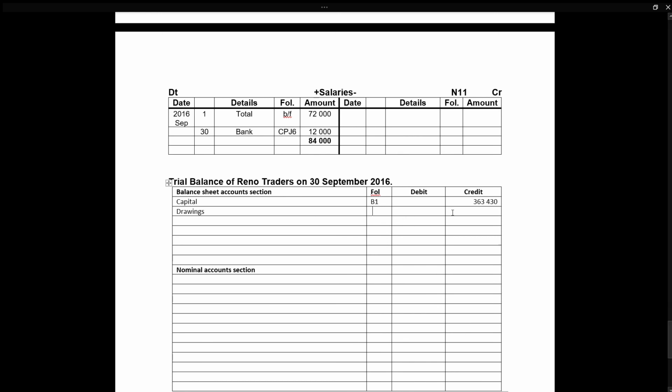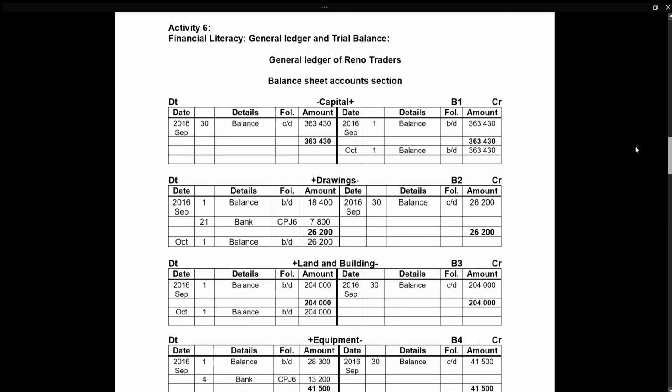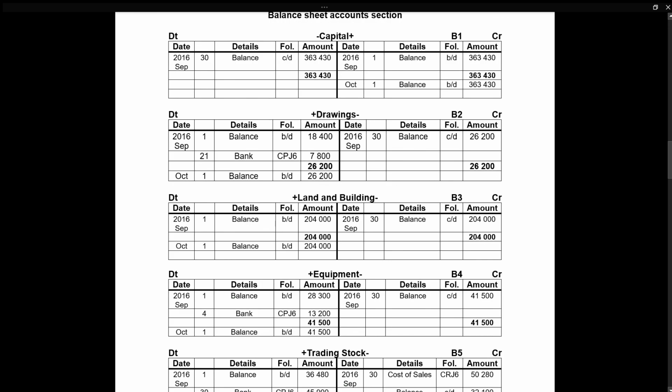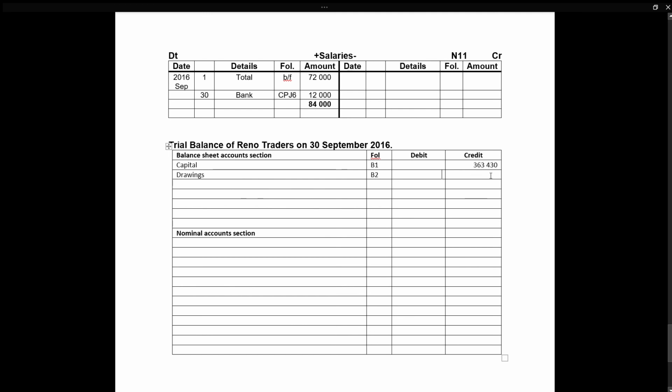Right, next one will be drawings. Drawings was B2. And drawings will have a debit balance. Remember, by definition, it will be debit side of 26,200 Rand. Right, so 26,200 Rand. Next, we will have land and buildings. It's an asset account. Right, was B3.